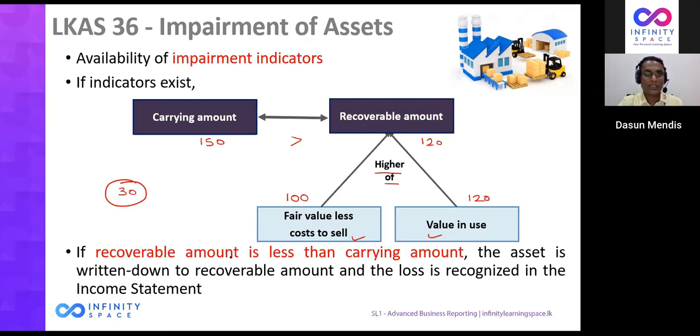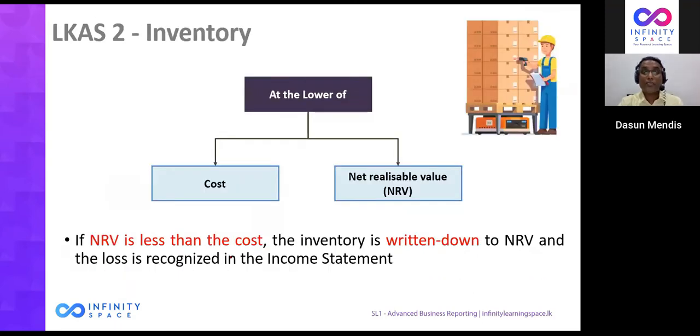Simple one, right? Second one, inventory, LKAS 2, because this organization is in the FMCG sector and pharmaceutical sector. They have products, right? So you need to look at whether the net realizable value of the inventory is lower than the cost, because inventory has to be measured at the lower of cost or NRV.